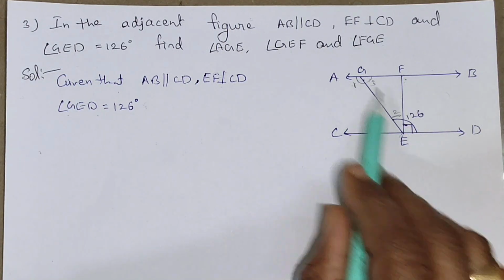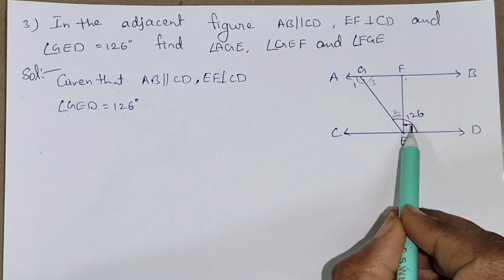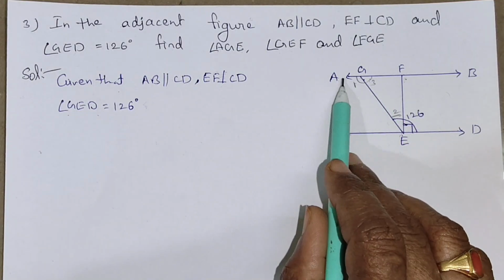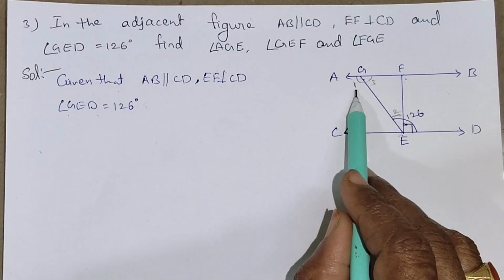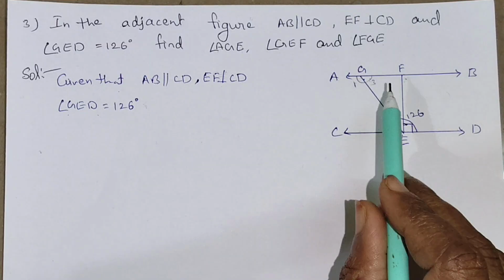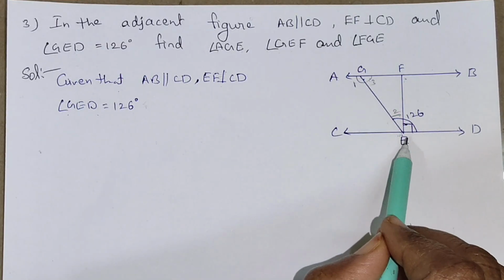Here GED is 126. So angle AGE is also 126, because AB and CD are parallel lines and GE is the transversal.